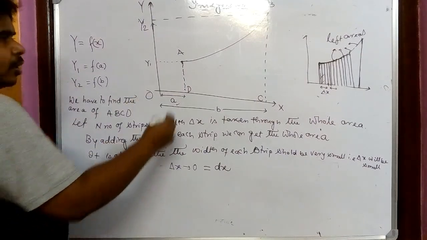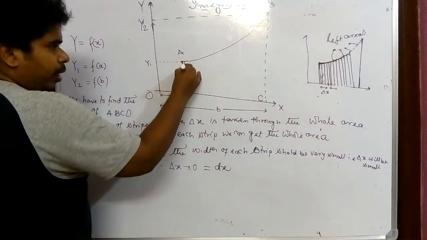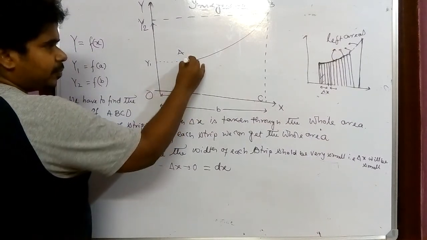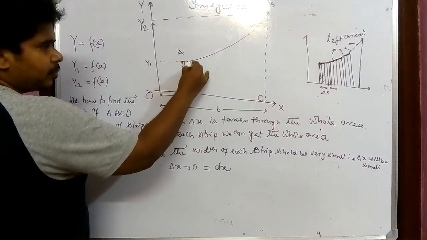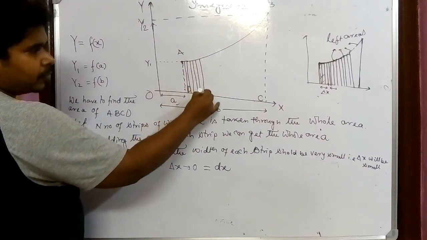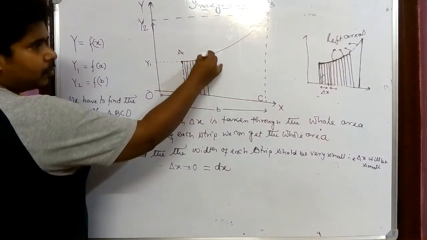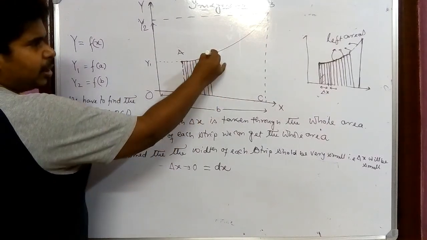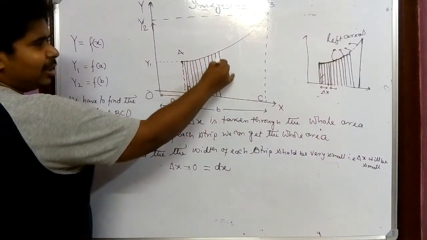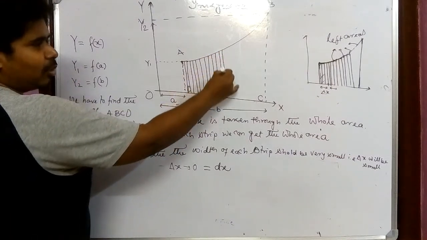So in the first graph, we have to assume that stripe. Here I am taking a little long, thicker stripe because a very thin one is difficult for us to draw.